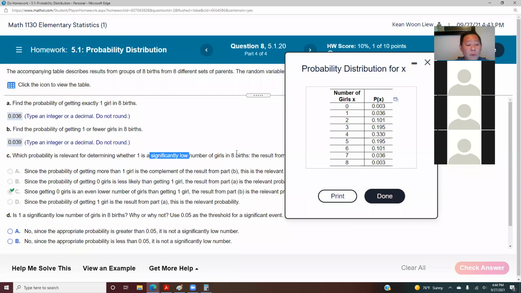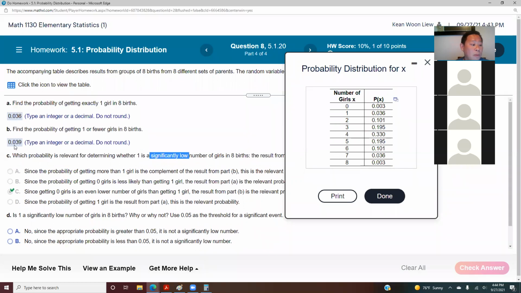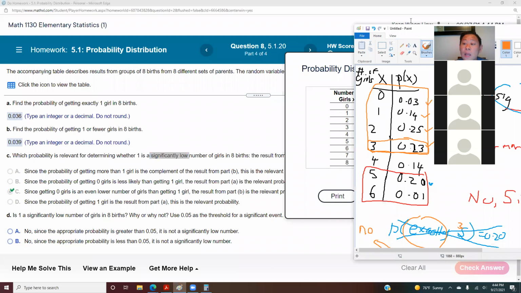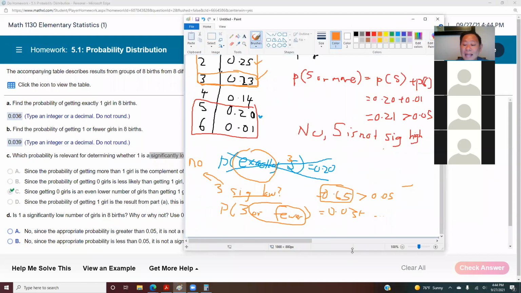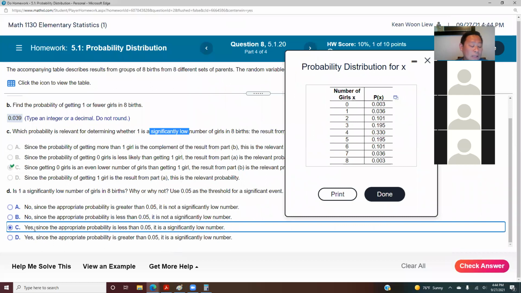Okay. And then now we figure out if this is more than or less than 5%. So by looking at your probability, again, we are looking for part B, not part A. This probability, is this less than or more than 0.05? 0.039. It's less than. So since it is less than, your answer in this case will be yes.